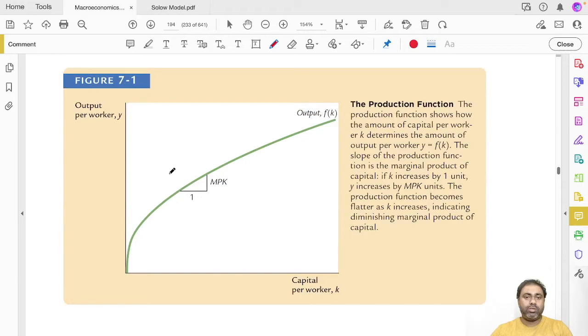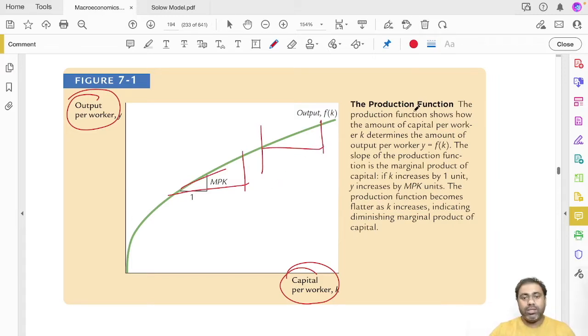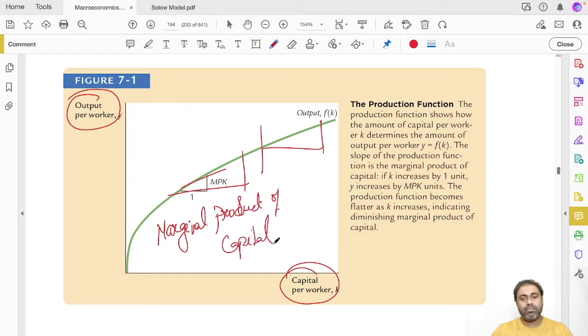So let's look at the production function. This is output per worker and this is capital per worker. What does the slope at any given point denote? The slope says what is the marginal product of capital, MPK. How do we interpret marginal product of capital?